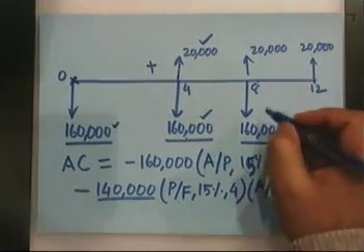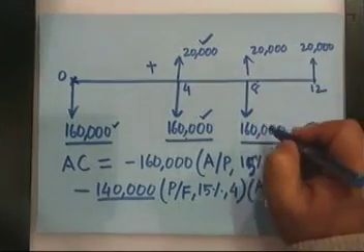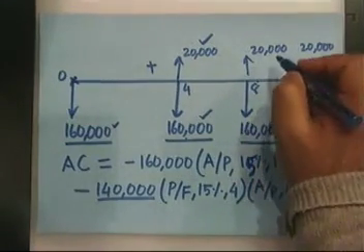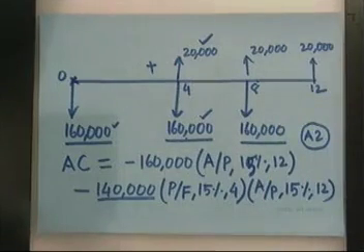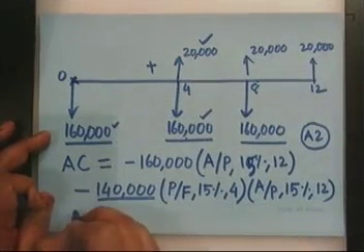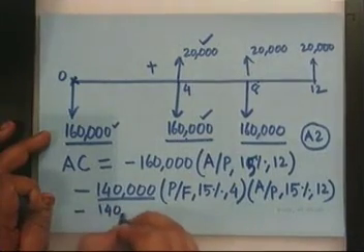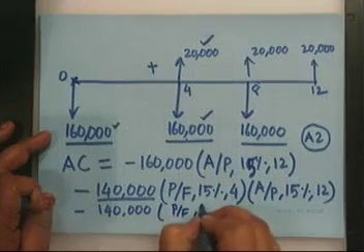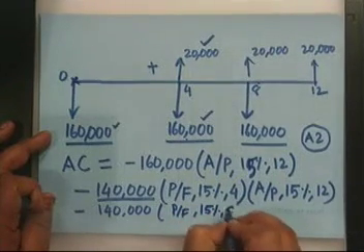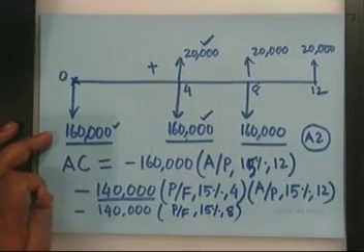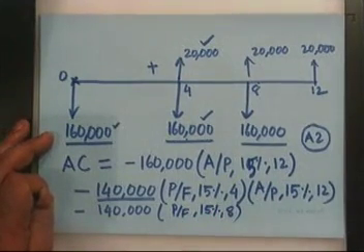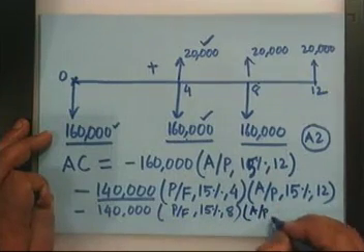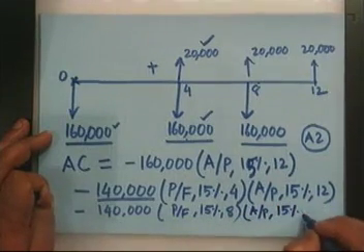Now, same way I will do it for this. Here again the resultant would be 160,000 minus 20,000, 140,000. So, again it would be minus 140,000 P given F. Now, it would be 15% and the period would be 8, n is equal to 8, and this factor would be common, A given P, 15%, 12.